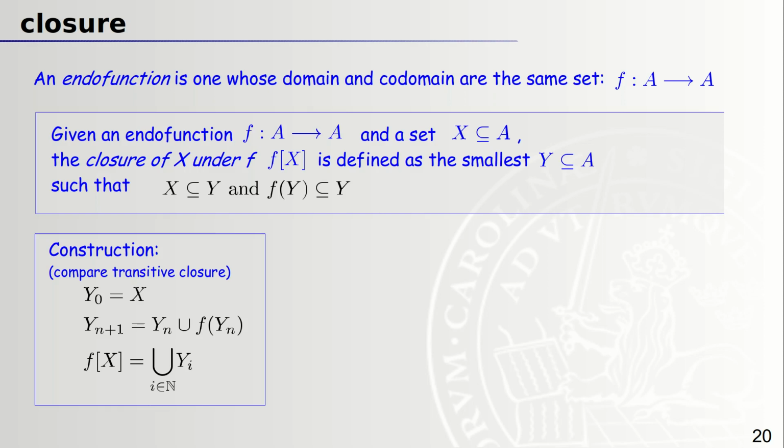This gives a sequence of y's, each including the former as well as all the values that can be reached from anywhere in the former set by one application of f, or one step, if you will. The union over all these y's is then the closure of x under f.